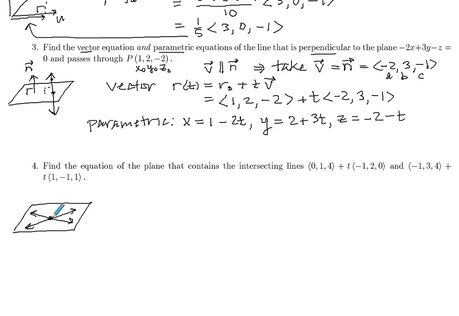And they intersect at that point right there. And our normal vector here, what we can do is we can take the direction vectors of these two lines and take their cross product. So you'll have a direction vector for the first line, we'll call that V1, and a direction vector here for the second line, call that V2.